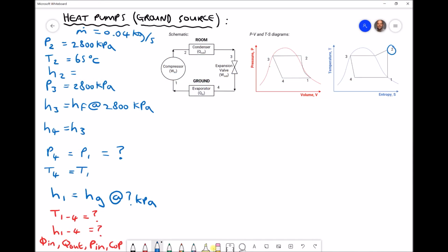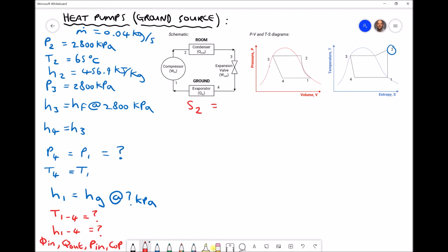So as we said, our enthalpy at position 2 then was 456.9 kilojoules per kilogram. But we also extracted another piece of information, and we extracted the entropy S of the steam at position 2. I'm going to mark this in red because we're going to use this for working.